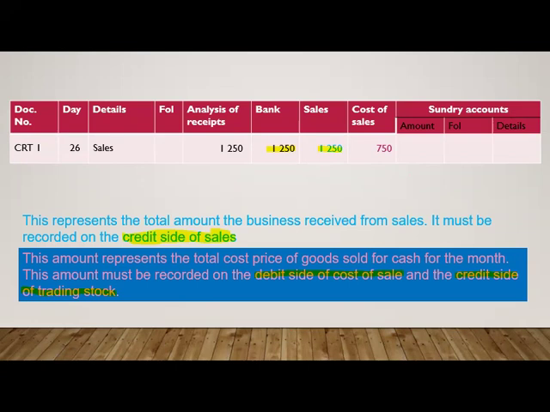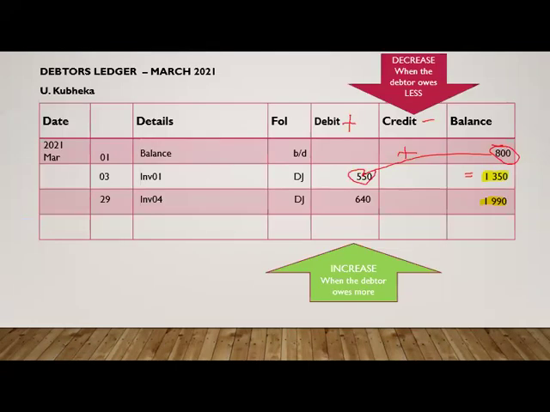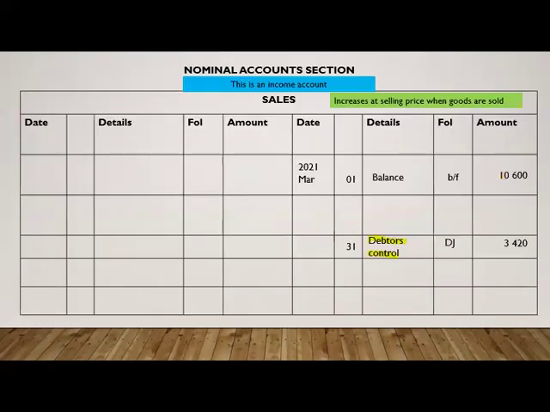We will record it on the credit side of sales, as I've said, because sales is income and income is increasing. But you don't write debtors control for it. Instead, what do you write? You write bank and then CRJ. And the amount for that will be 1,250, taking your sales total to 15,270.